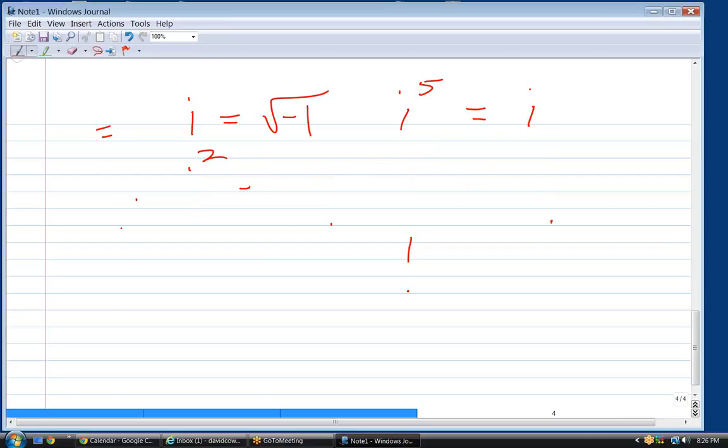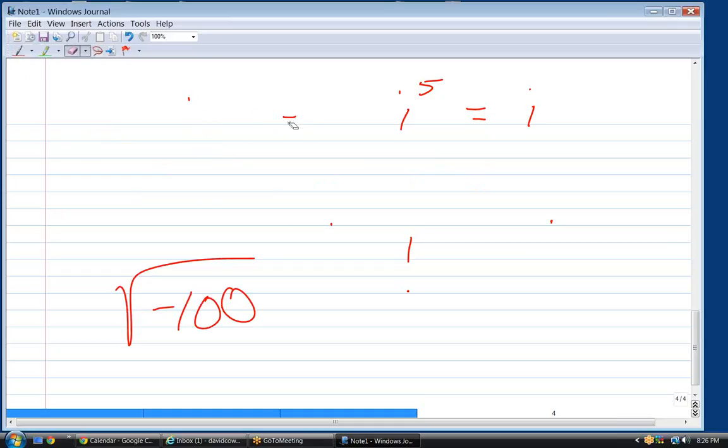What is the square root of -100? Okay, so if we're going to do the square root of -100, first you're going to separate it out into the square root of -1 and 100.